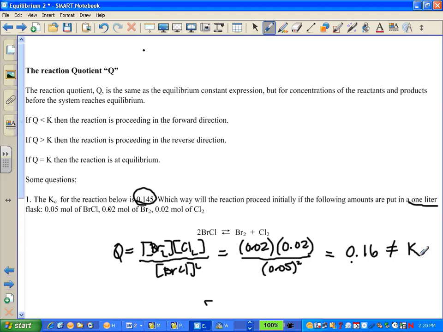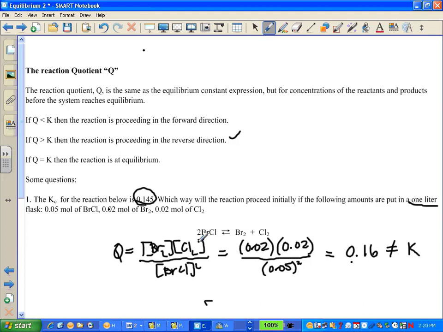You can see above here that when Q is larger than K, we're going to need to proceed in the reverse direction. But let's look at the logic of that. Let's think about the Q in terms of it being the products over the reactants.